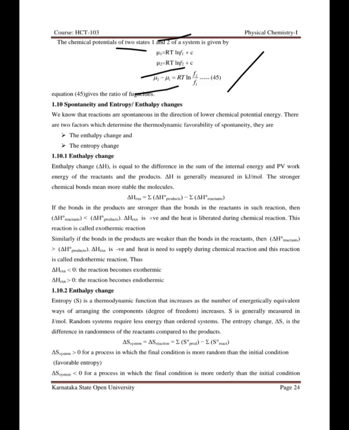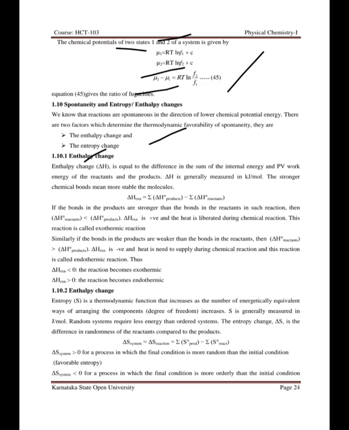So next is the spontaneity of entropy and enthalpy changes. Here some of the reactions are spontaneous in the direction of lower chemical potential. So there are two factors which determine the thermodynamic favorability of the spontaneity. One is the enthalpy change and another is the entropy change. So what is enthalpy here?